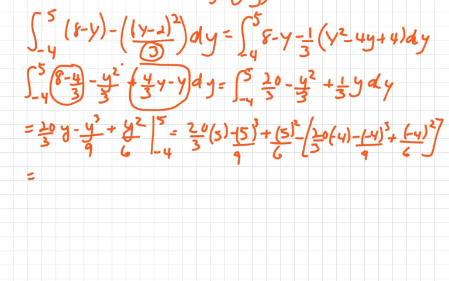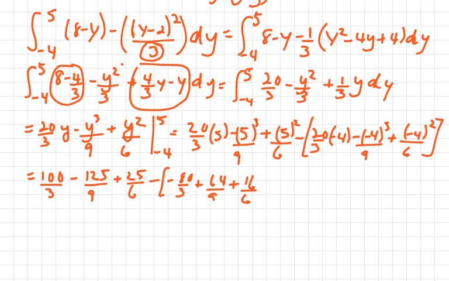Okay, so we've got some nasty fractions to combine, but it's really nothing other than pure arithmetic here. All I'm going to do is combine fractions and make sure I keep my signs straight. So this is minus 80/3, this is plus 64 over 9, plus 16 over 6. If I did this correctly, a negative and a negative makes a positive, so this is 180/3.